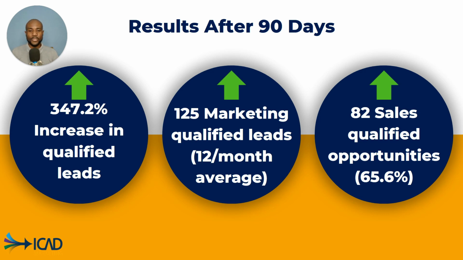And from those 125 marketing qualified leads, or MQLs, we actually had 82 which were sales qualified leads or opportunities, or SQOs. From MQL to SQO, we saw a 65.6% conversion rate.